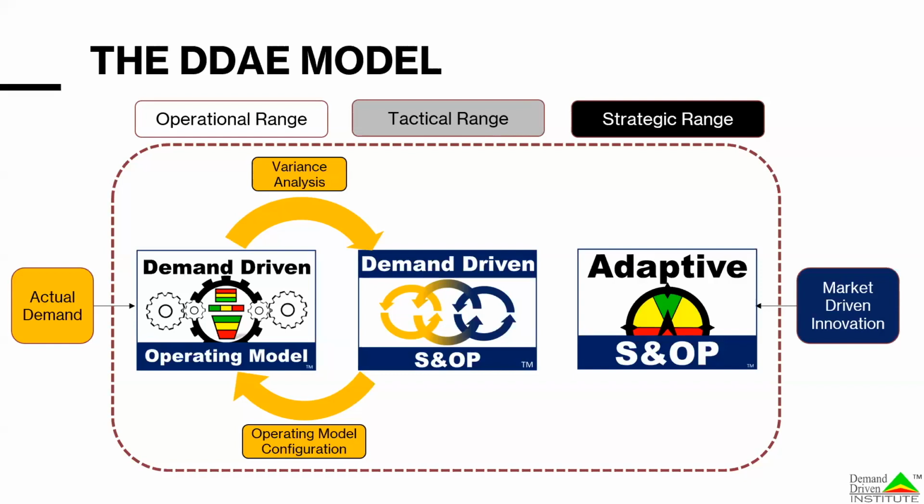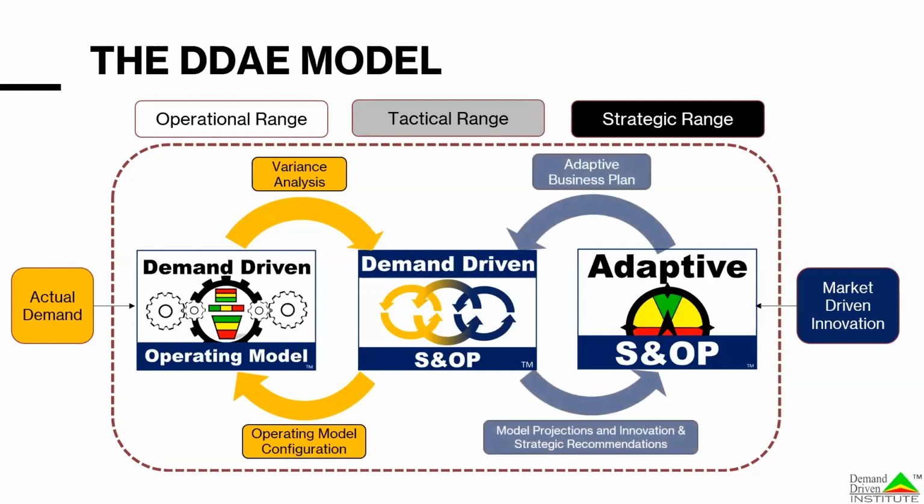What we found is there are actually 2 forms of integrated reconciliation that are necessary: tactical integrated reconciliation and strategic integrated reconciliation. There are 2 loops that have to happen, and those loops intersect. In the middle of this tactical hub, we have a model configuration, and then we judge results of the model, which gives us information about configuration.